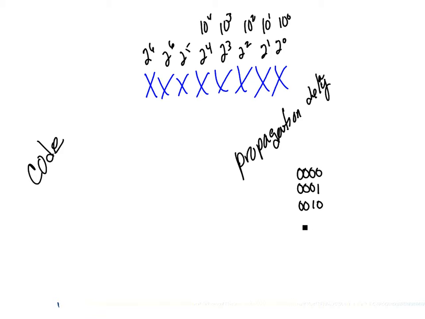When I go from a 3 to a 4, how many digits changed? 3. So the propagation delay, how long it takes to propagate through the electronics, varies with the number. And we don't like that. We would like to have a constant propagation delay, right? So that's why we use a lot of codes and stuff like that.